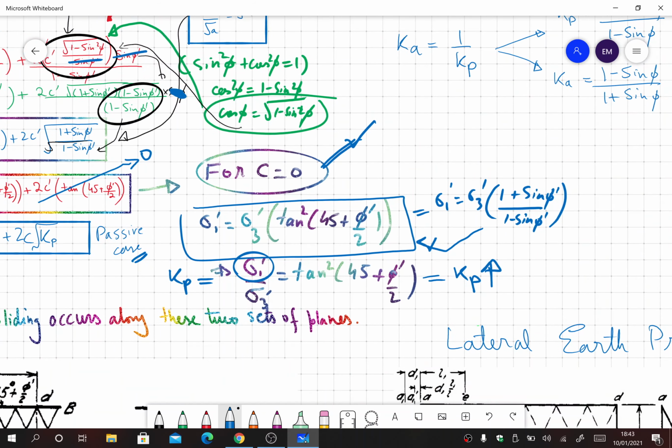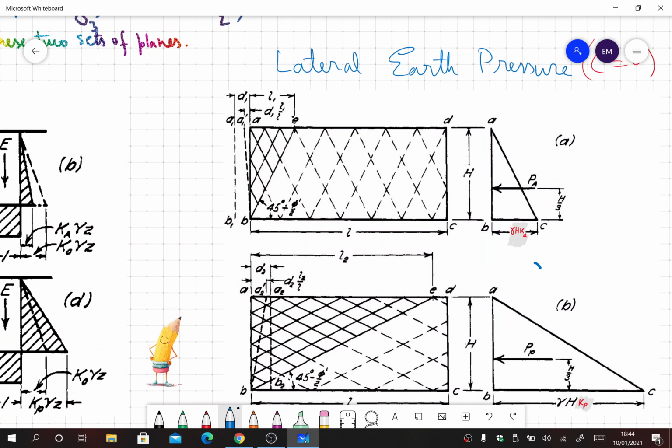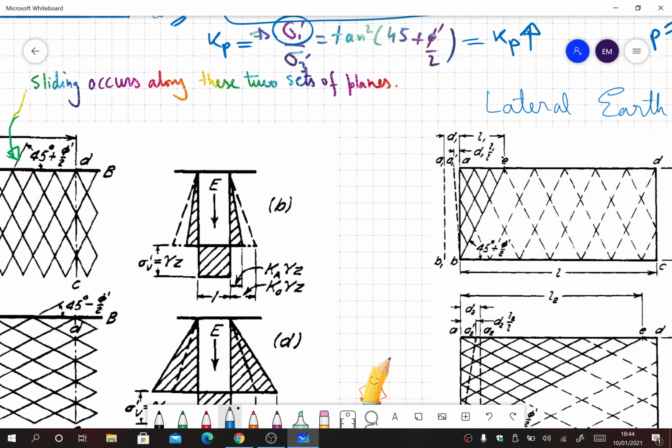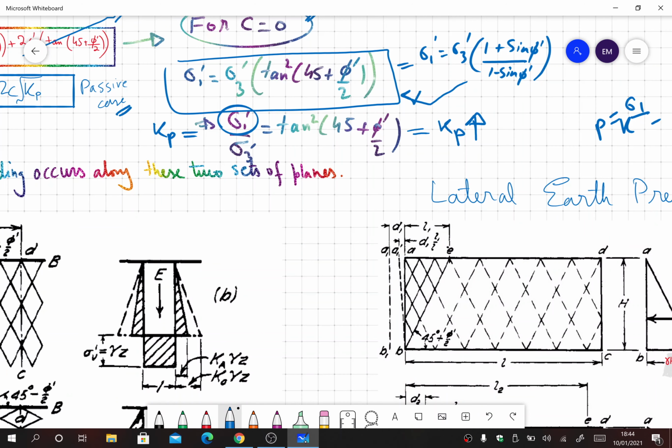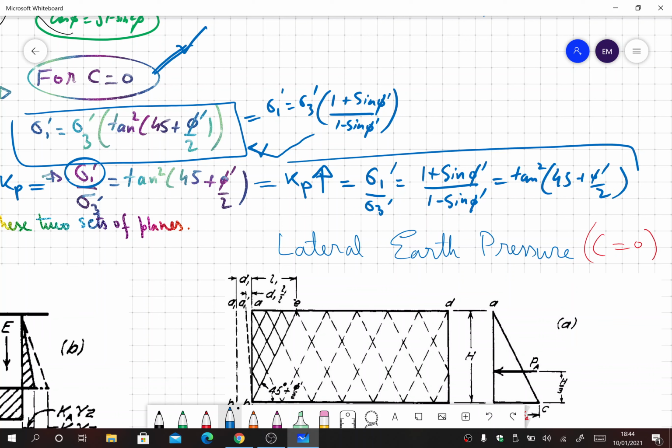So the formula for passive earth pressure, Kp, is equal to sigma 1 dash over sigma 3 dash, and that is equal to 1 plus sine phi dash over 1 minus sine phi dash, or tan square 45 plus phi dash by 2. Whatever feels comfortable to you, you can remember that equation.